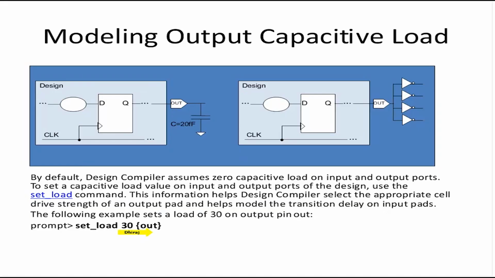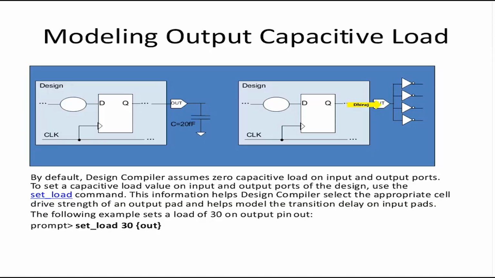For example, you have this sequential cell, and let's say you have 3 different drive strengths in your library: X1, X2, and X4. If the load here is 0 and you don't specify set_load, DC will assume a 0 load. It will use an X1 drive strength flop.